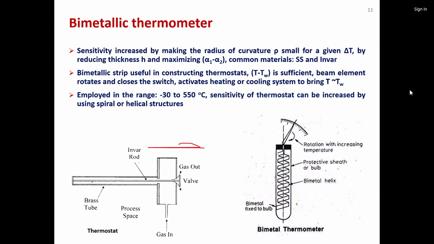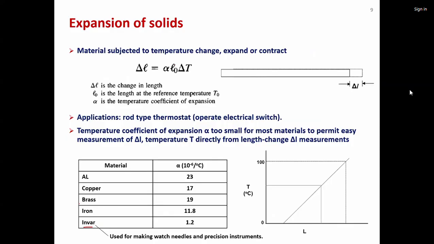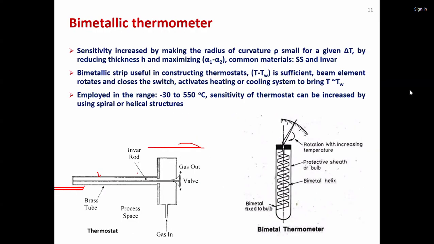Because it will not change its dimension for a change in temperature. But it is encapsulated inside this casing, which is made out of brass. And you can see that brass has a very high expansion coefficient of 19 into 10⁻⁶. So basically, when the room has now heated up, this brass is going to expand much faster compared to the Invar.